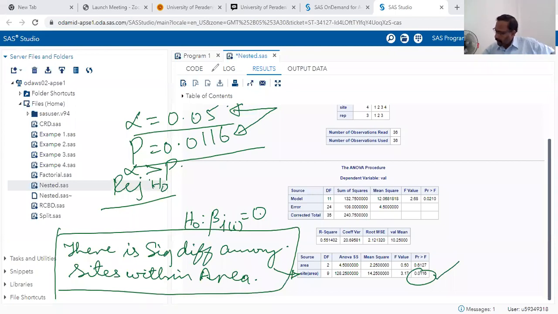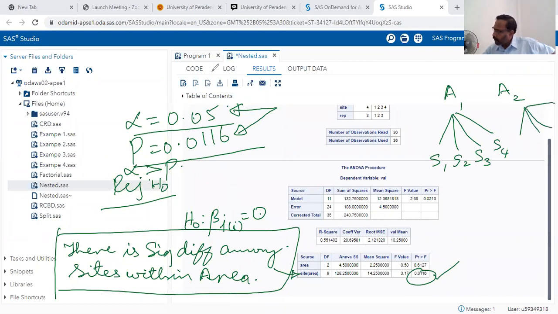So for example, I will take area 1 and area 2. Let's say site 1, site 2, site 3, site 4. Here also, let's say we have site 4, site 5, site 6, and so on.